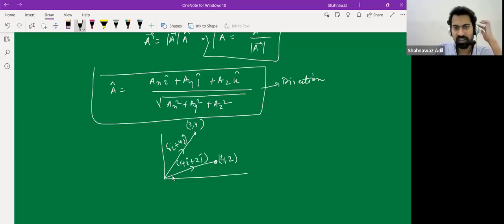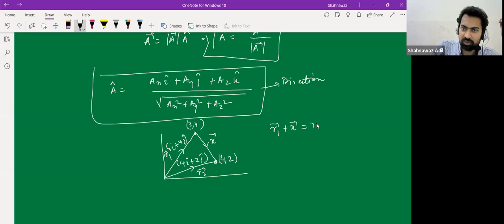And we have to find the separation. So this is the separation, let's say this is x hat. Let's say this is R1, this is R2. From the triangle law, R1 plus x hat would be R2. So we can calculate x by R2 minus R1.